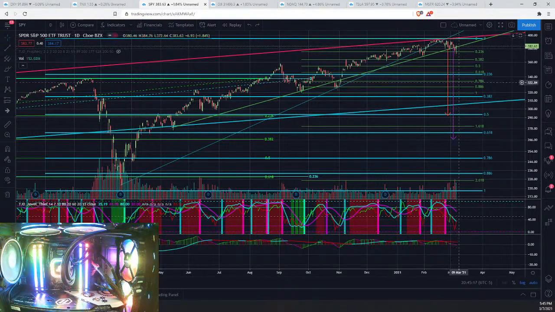Or is this it and we're going to break to the downside and not be able to get back inside this pattern? I don't know. No one knows. And the market will do whatever it wants. The important thing is identifying the potential and then taking educated trades or positions accordingly, to put yourself in a profitable position with high reward and low risk. So that's what we're looking for.